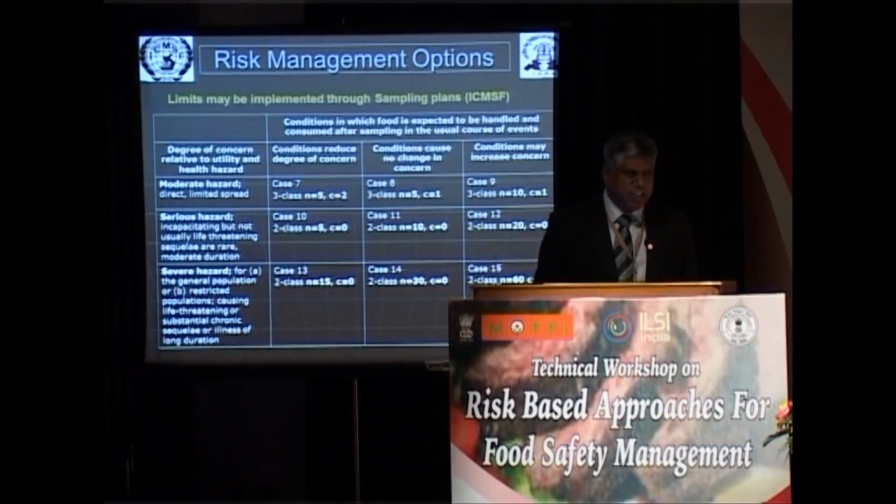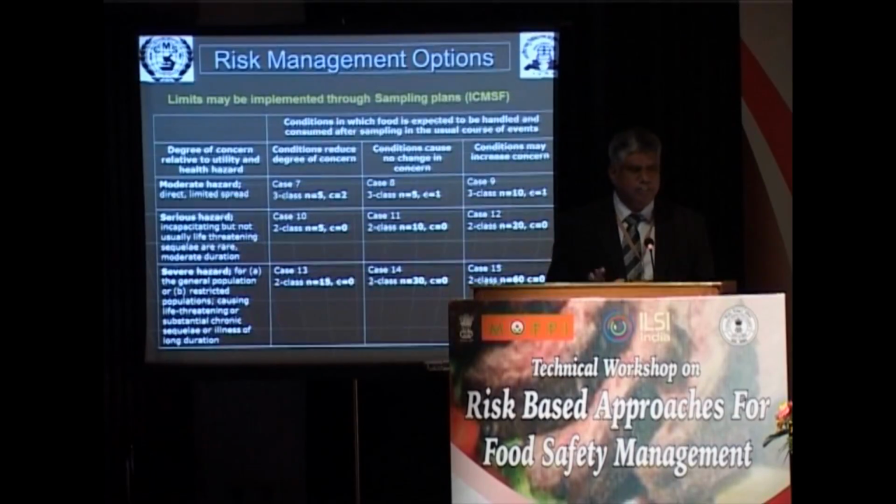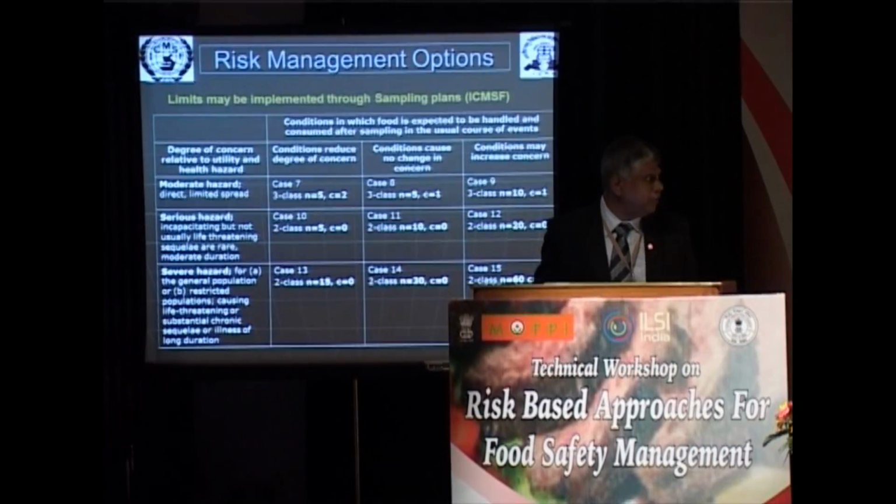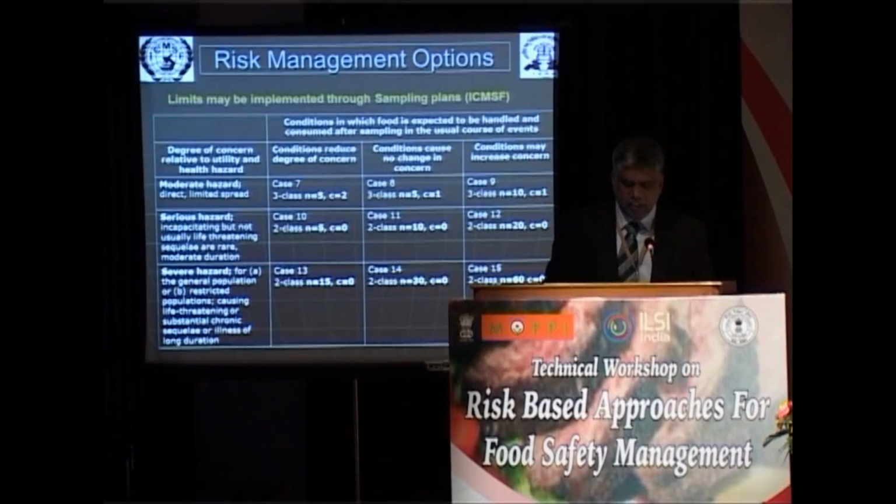These criteria can be implemented very well with the sampling plan designed and given by ICMSF. This plan takes care of the degree of health hazard to human beings, like moderate hazard on the left side, serious hazard and severe hazard.